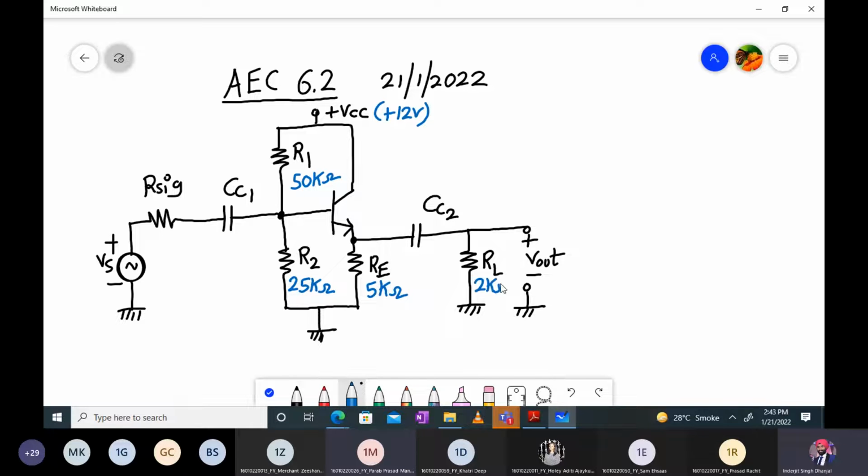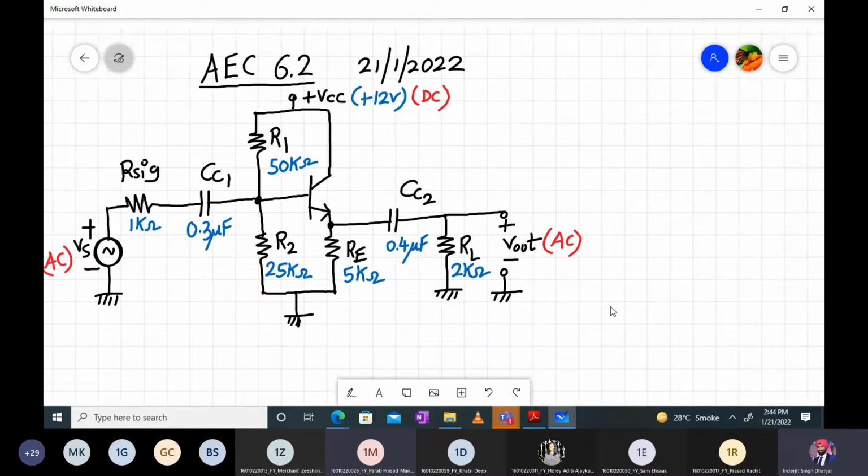RL is 2 kilo ohms. Then we have CC2, which is 0.4 microfarad. CC1, which is 0.3 microfarad. RSIG is 1 kilo ohm. Okay, and your input is small AC quantity, and output is also AC. And this is DC.